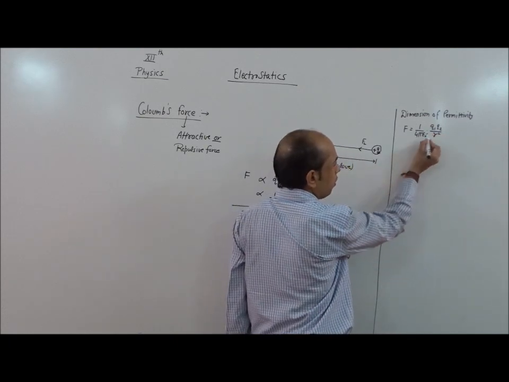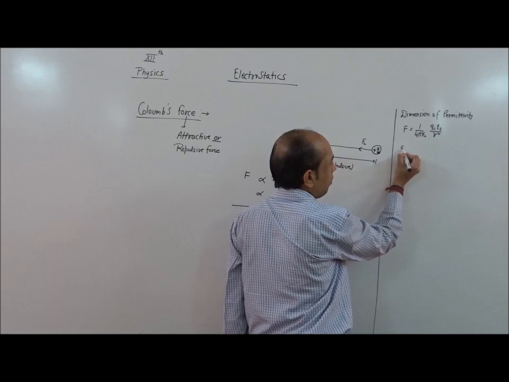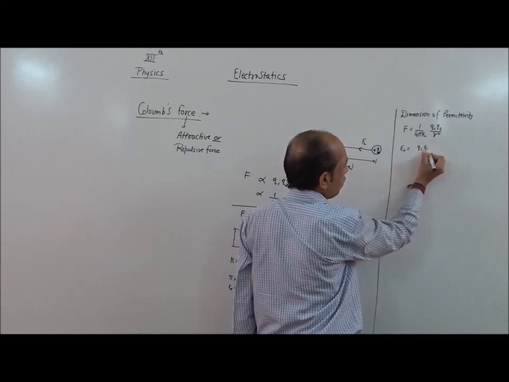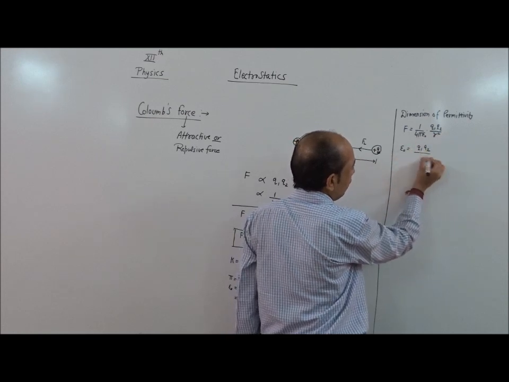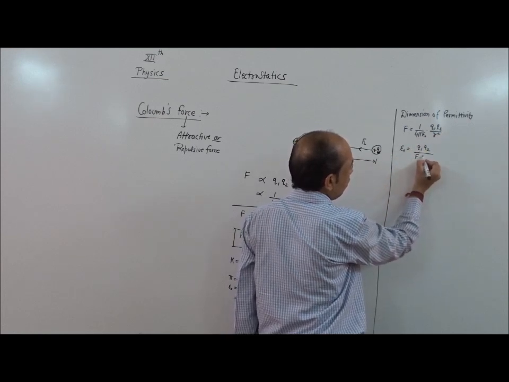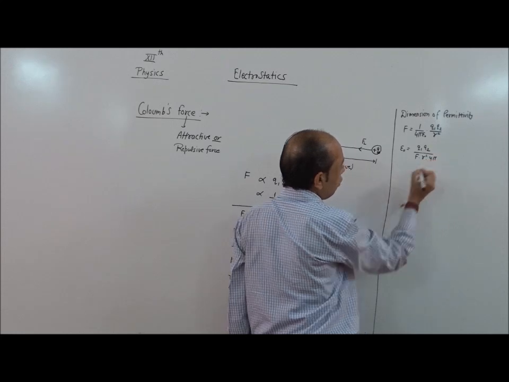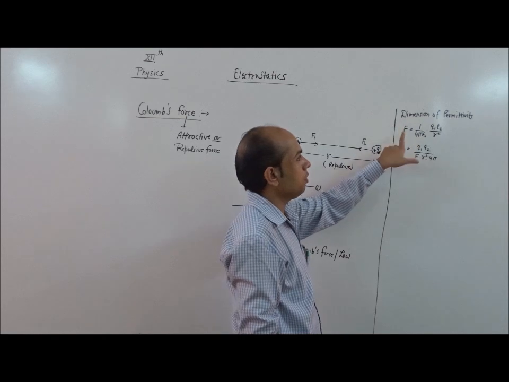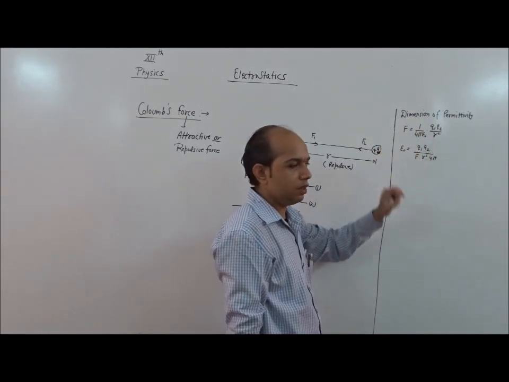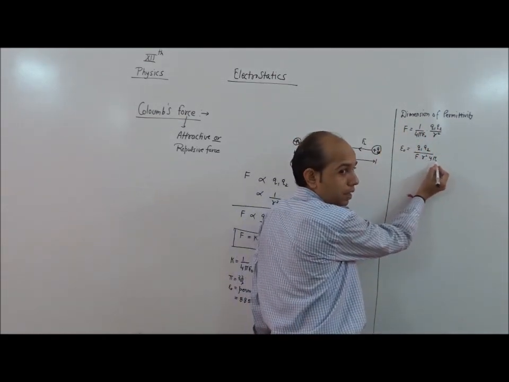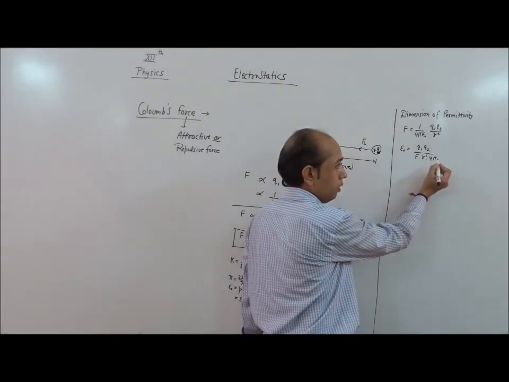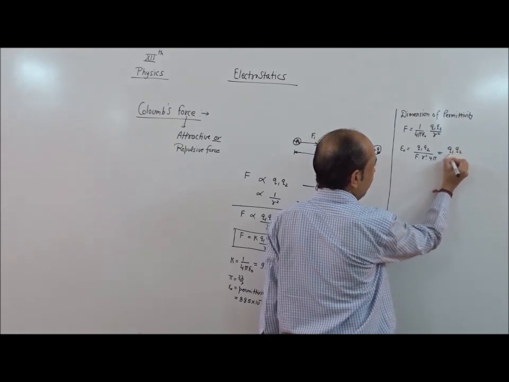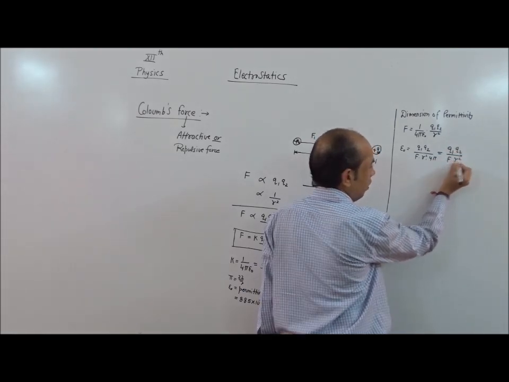So epsilon naught is equal to Q1 Q2 upon 4 pi F r square. As we know, 4 and pi are dimensionless, so we have only Q1 Q2 and F r square.